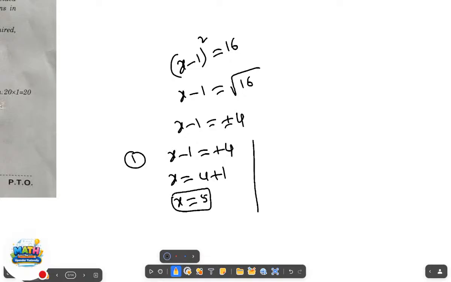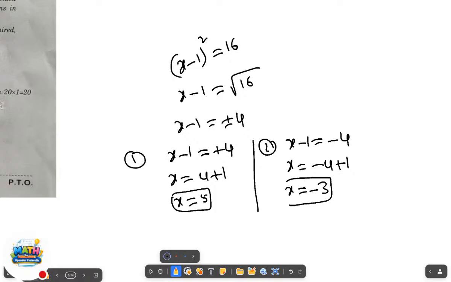Then the second case: if x minus 1 is equal to minus 4, send this minus 1 to the right side. Now x equals minus 4 plus 1, which is minus 3. So the roots are minus 3 and plus 5.